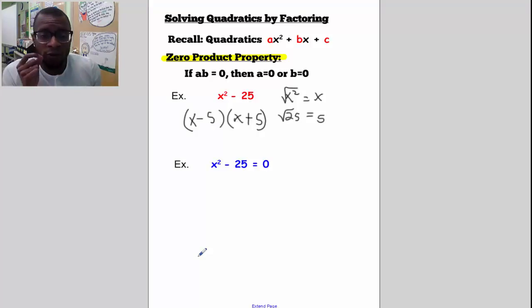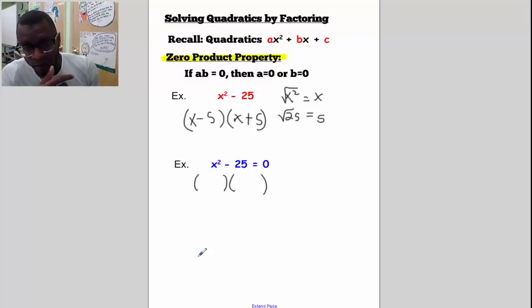Now we're looking for specific values of x that make this statement true. We're going to use the same techniques as before. We want to factor the quadratic first, and we've already factored it earlier: x minus 5 times x plus 5 is equal to 0.